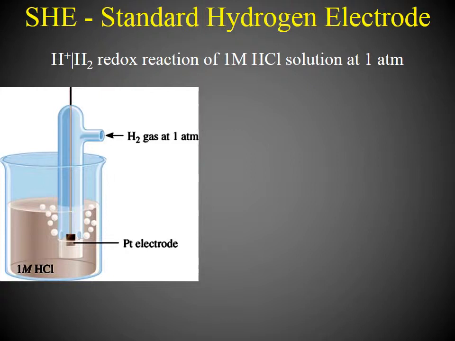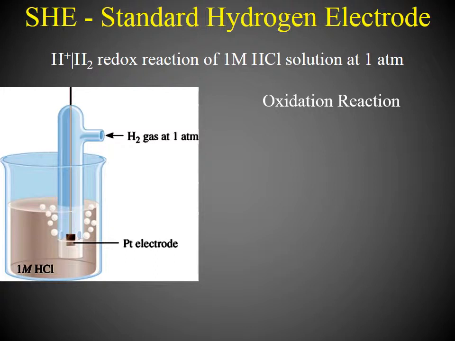So first of all, we have a reference cell which we call the SHE cell, the standard hydrogen electrode cell, in which we have a 1 molar solution of hydrochloric acid, and where the electrode in this case is a tube that has a platinum electrode inside it, and the tube has an outlet, as you can see here, where hydrogen gas can either be produced and go out the outlet, or hydrogen gas can come in through the outlet to go into solution.